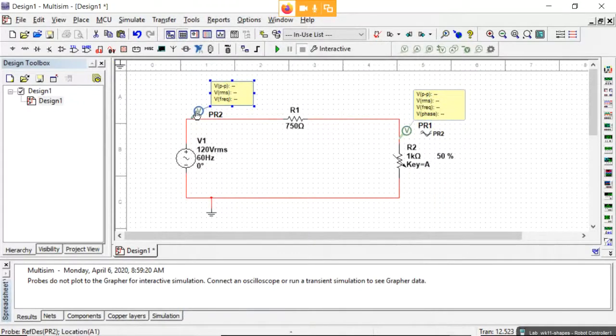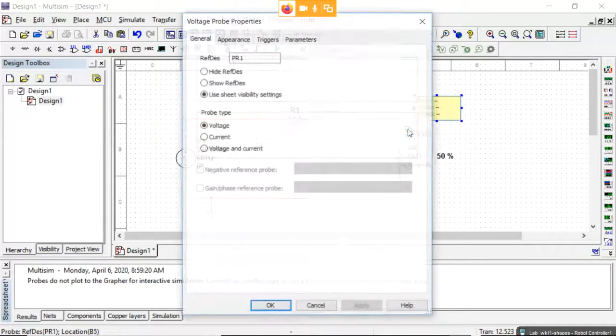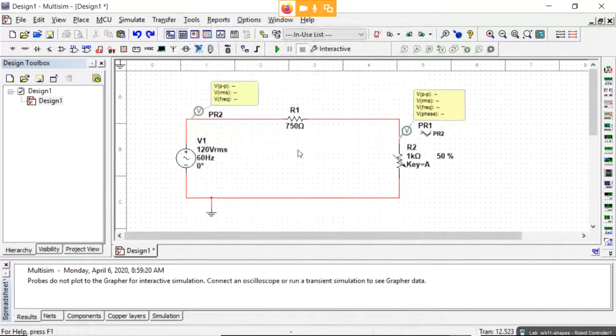Oh, so it has to be a reference. I see what it's doing. It's doing a reference to this phase.